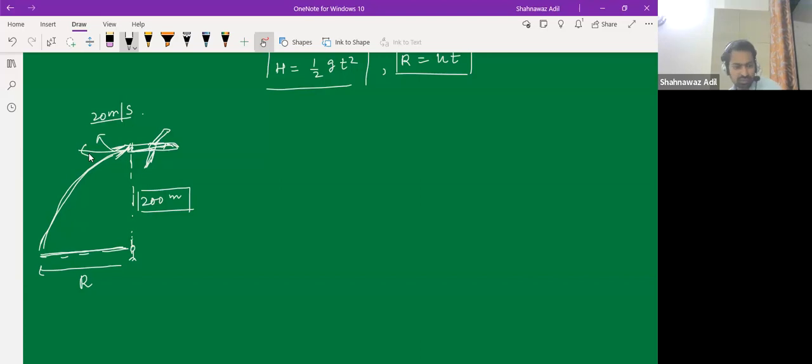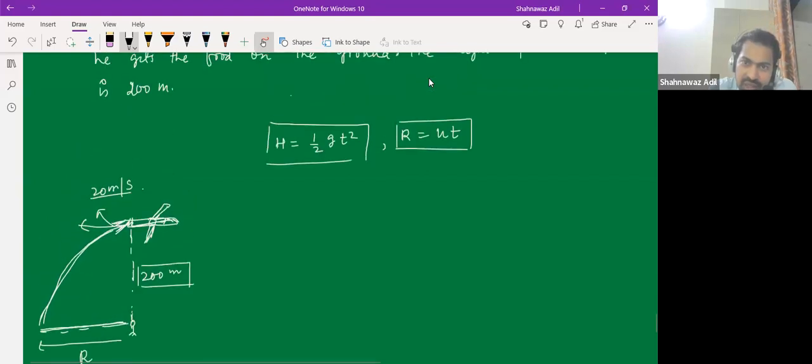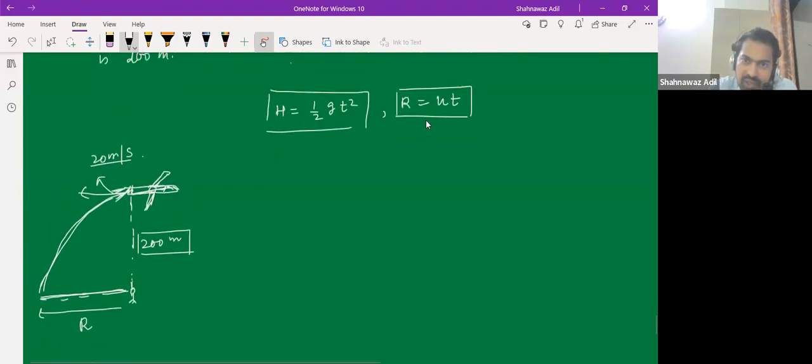We know that R is UT. We need to calculate this range, and U is given. U we know is 20 meter per second. Time is not given, so we have to calculate this time.